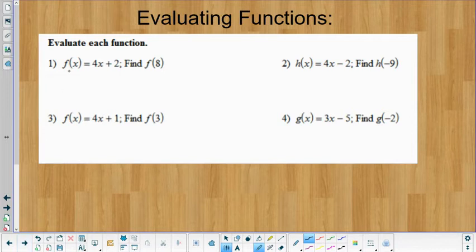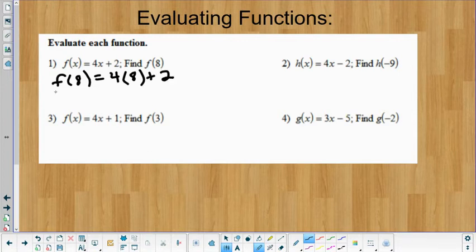So they give us the function here in function notation, f of x equals 4 times x plus 2. And then this tells us what they want us to do. Find f of 8. So in this f section, the x is replaced with an 8. And I'm also going to replace my x on the other side with 8. Anytime I see an x, it's going to be replaced with 8.